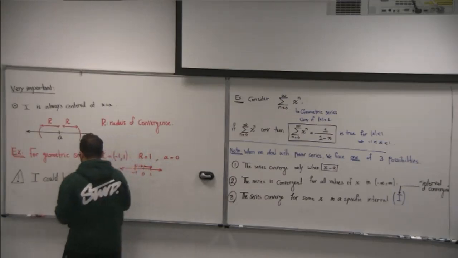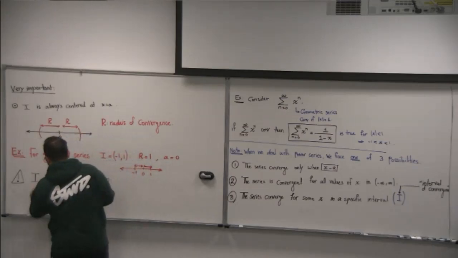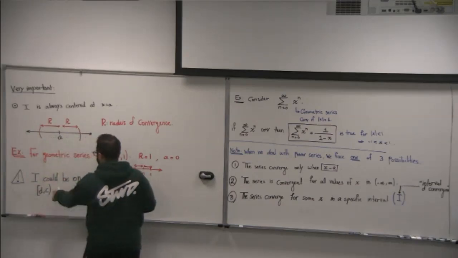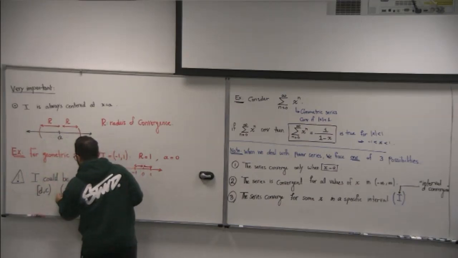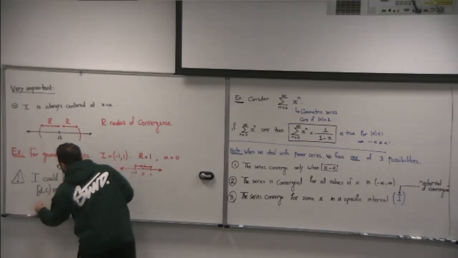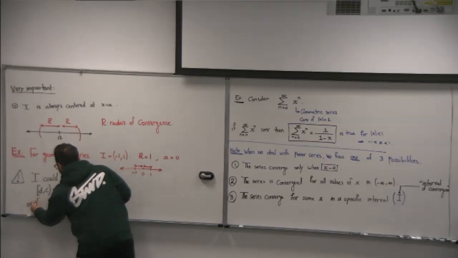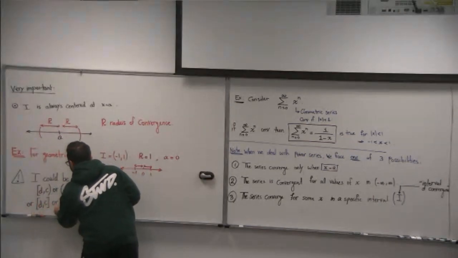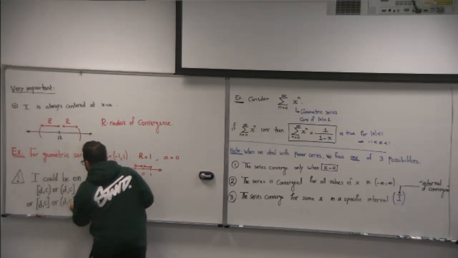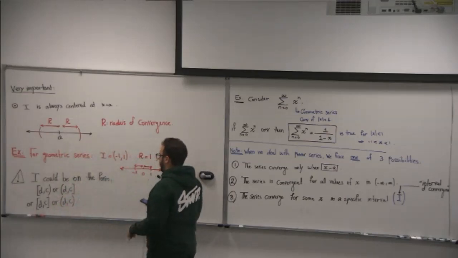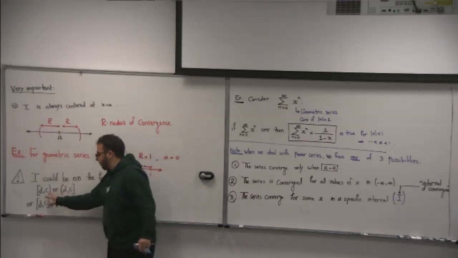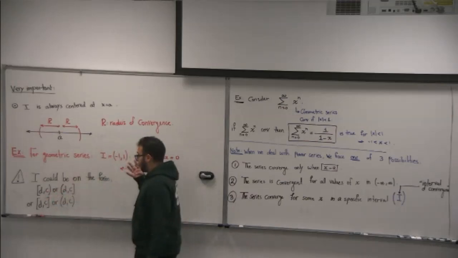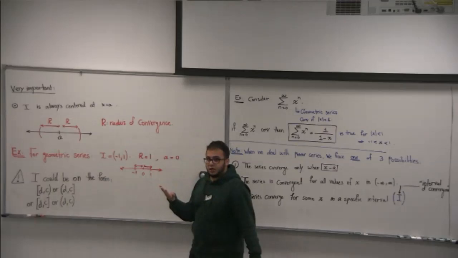It could take any of the four forms: D to C, closed at D, open at C, or open at D, closed at C, or closed at D, closed at C, or open at D, open at C. Any of the interval endpoints could be open or closed. So I have four possible scenarios.